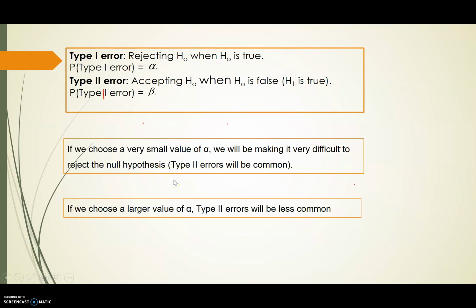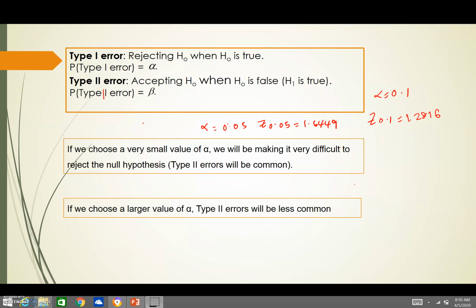For example, let's say we take alpha 0.05. We get the value of z alpha as 1.6449. If we compare with alpha 0.1, we have 1.2816.